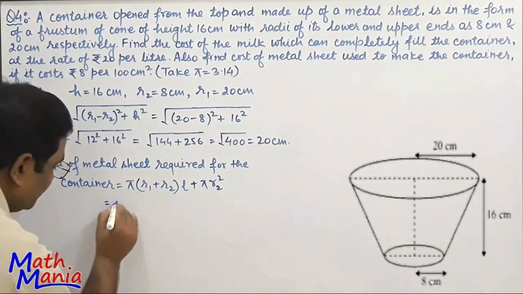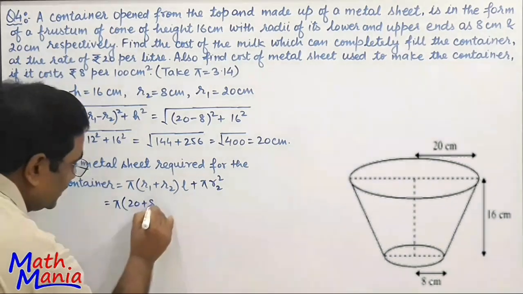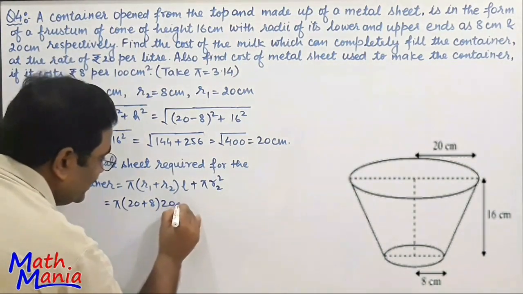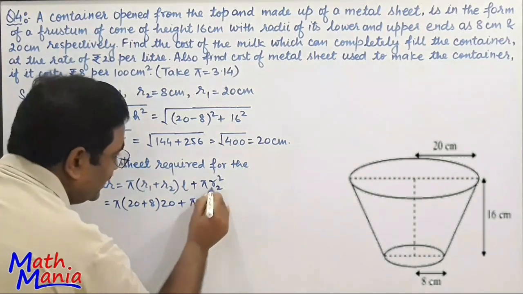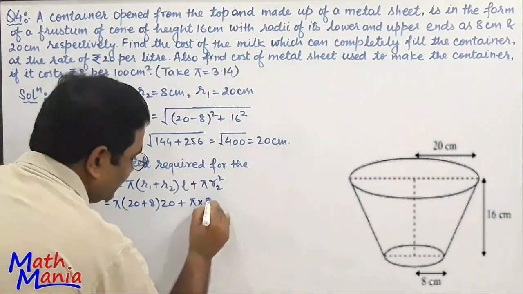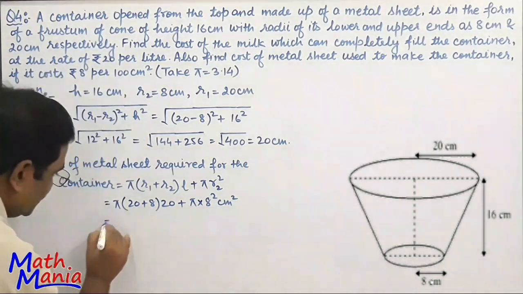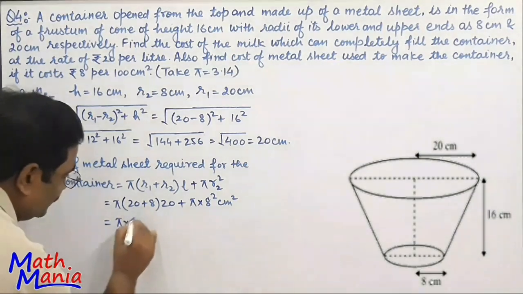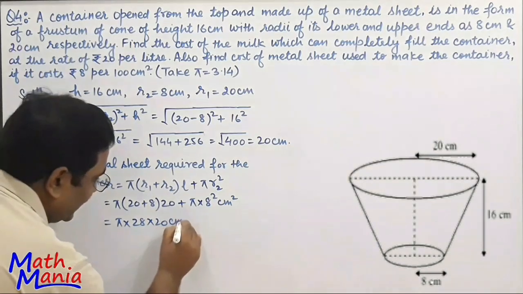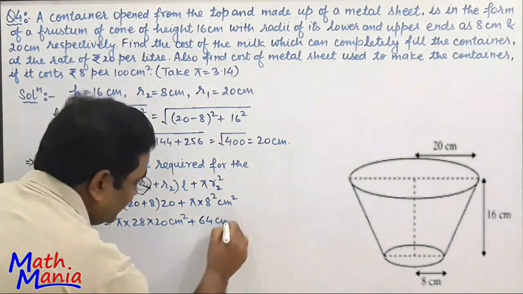Pi into R1 which is 20 plus R2 which is 8, into slant height 20 centimeter square, plus pi R2, which is 8 square centimeter. So this is pi into 28 multiplied by 20 square centimeter plus 64 square centimeter.